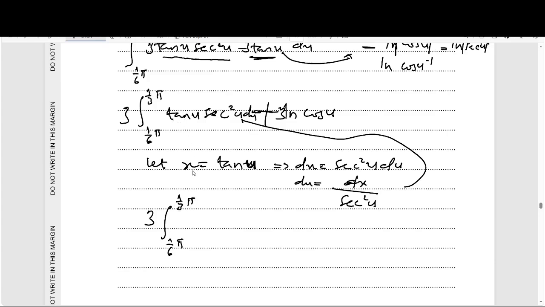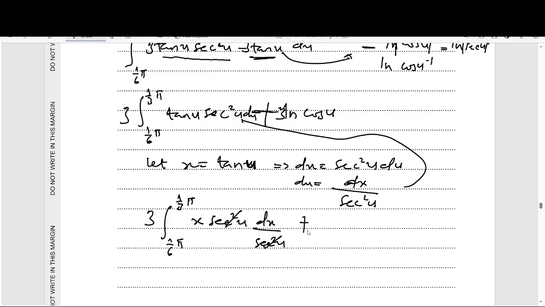And then tan u is going to be x, and then sec squared u gets replaced over here, and then du is now dx over sec squared u, right? And sec squared u and sec squared u will be cancelled out.